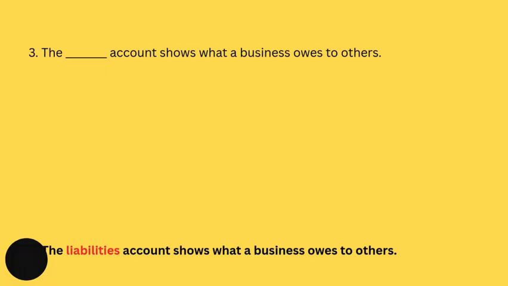Understanding liabilities helps us grasp the financial health of a business. It's essential for both managers and investors to keep track of these obligations as they directly affect cash flow and overall stability. Next, we'll discuss how purchasing an asset impacts the cash account.